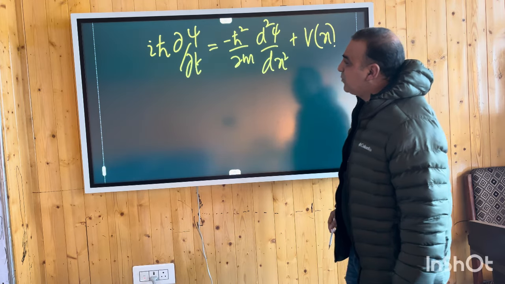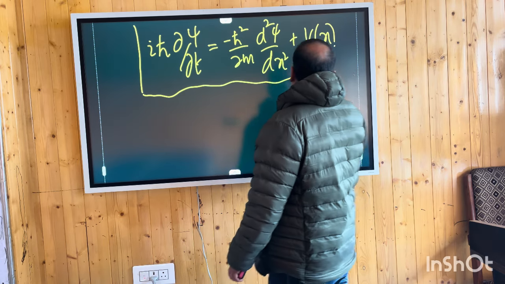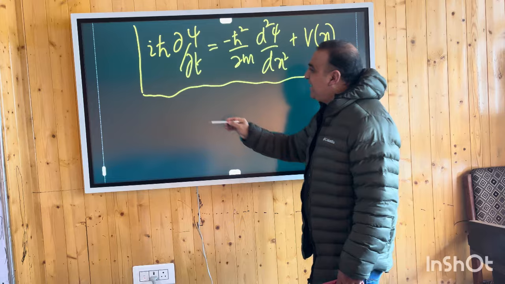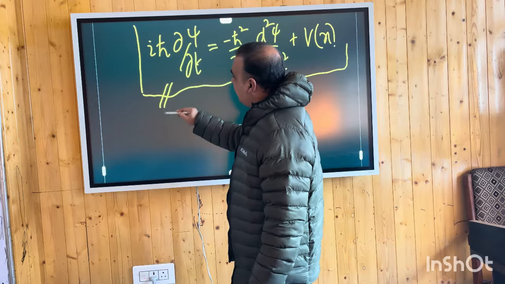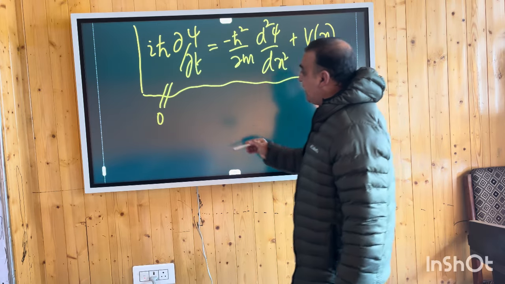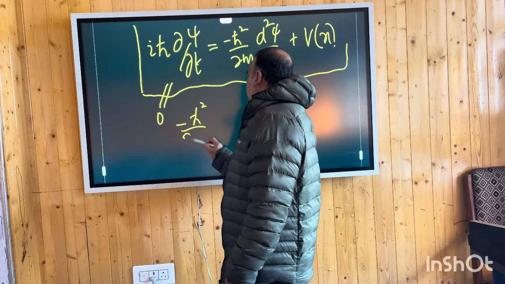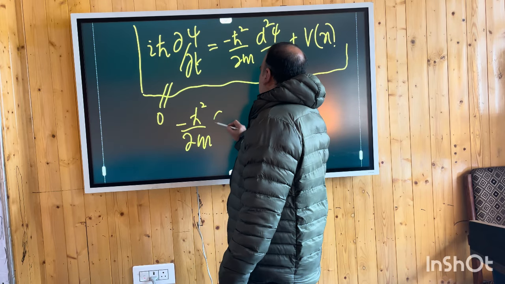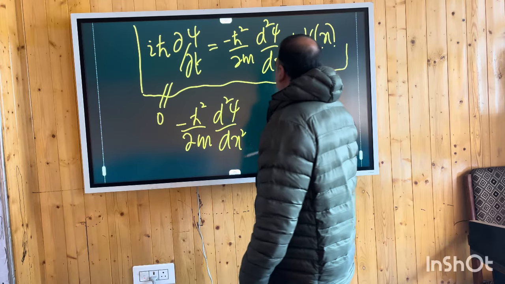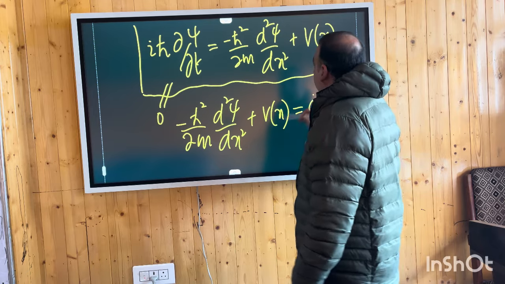Now the problem we have been talking about is independent of the evolution of time, so the left-hand side of this equation is immediately equal to 0. So we are left with minus h bar squared by 2m d2 psi by dx2 plus V of x equals 0.